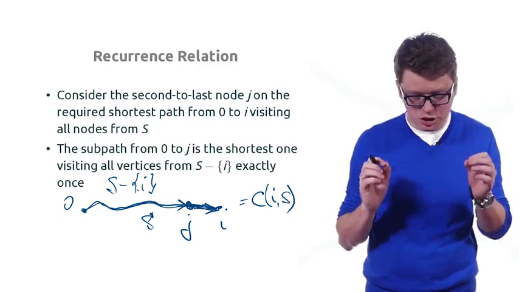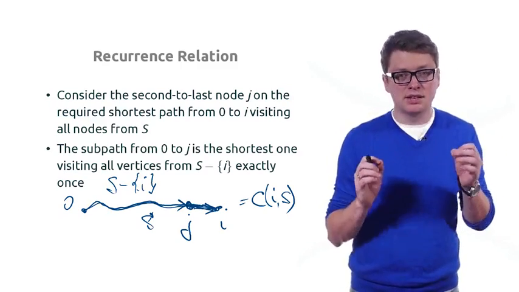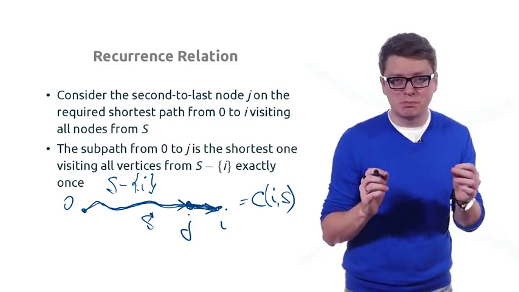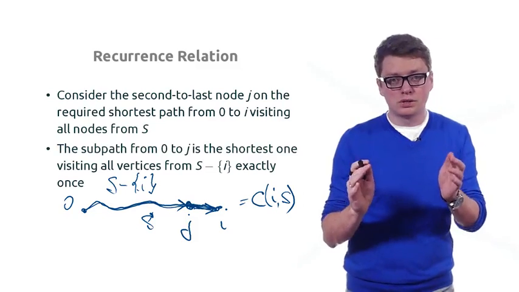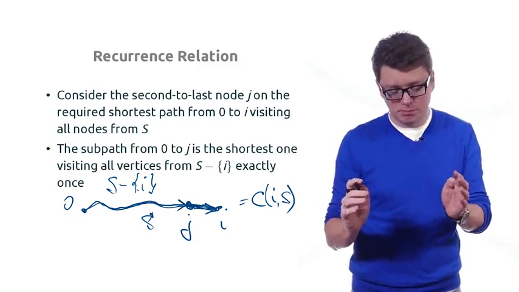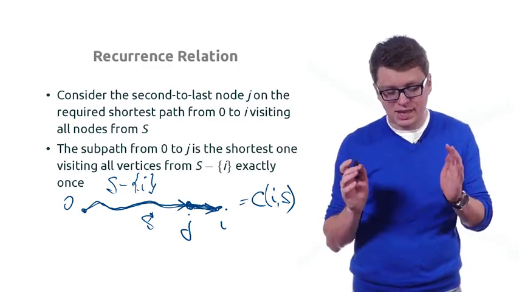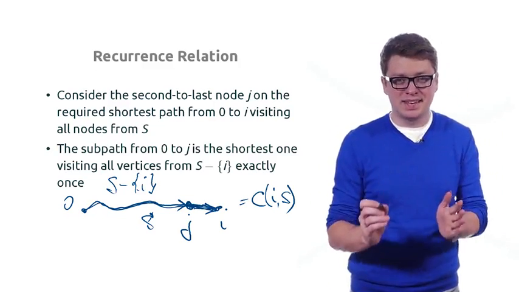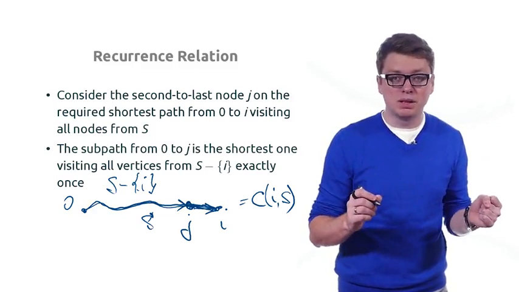Right? So it must be a shortest path starting from 0 and ending at j and visiting all nodes of S minus i. This is just because our initial path was optimal, right? Because if there was some other shorter path that visits all the nodes from S minus i and ends in j, then the initial path would not be optimal.